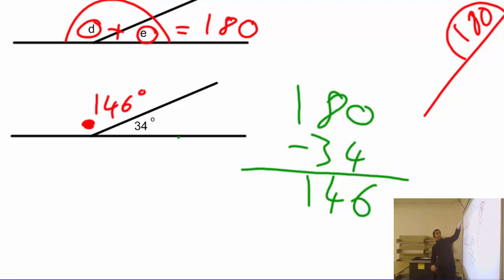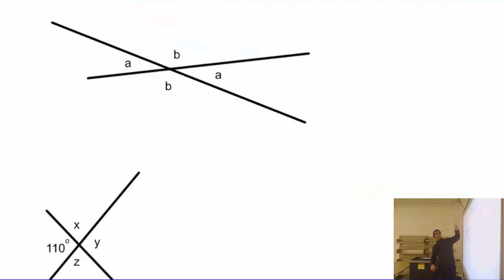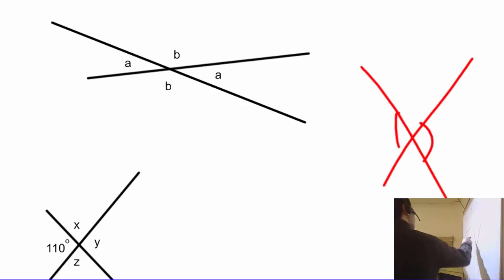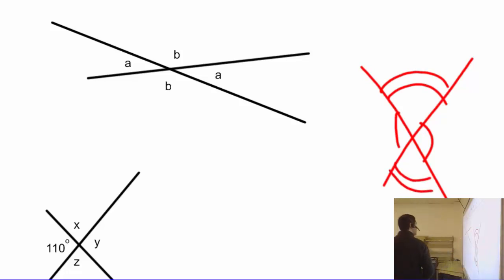That's rule number 2. And now let's talk about rule number 3. Cross lines. When lines cross each other, this will be the same as that. This will be the same as that. So in this case, this is A, that's supposed to be A as well.